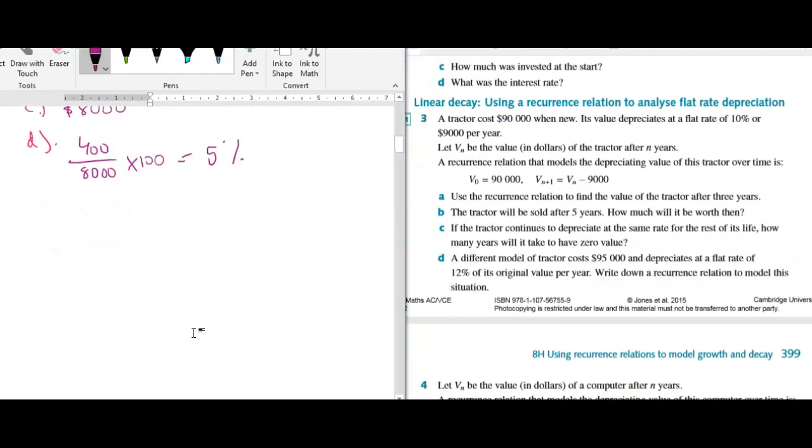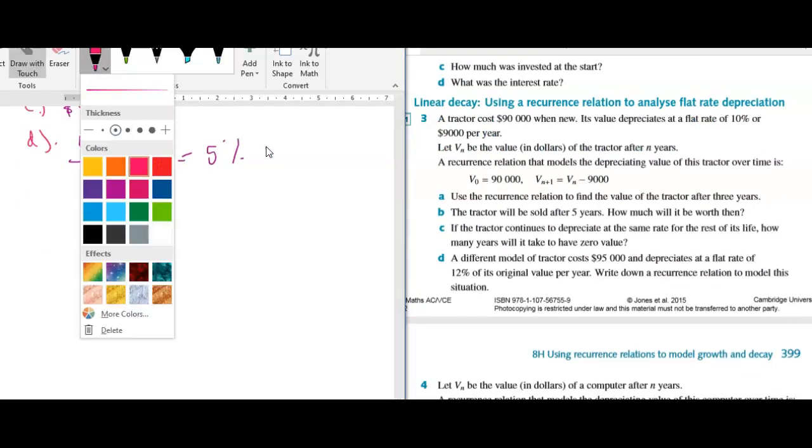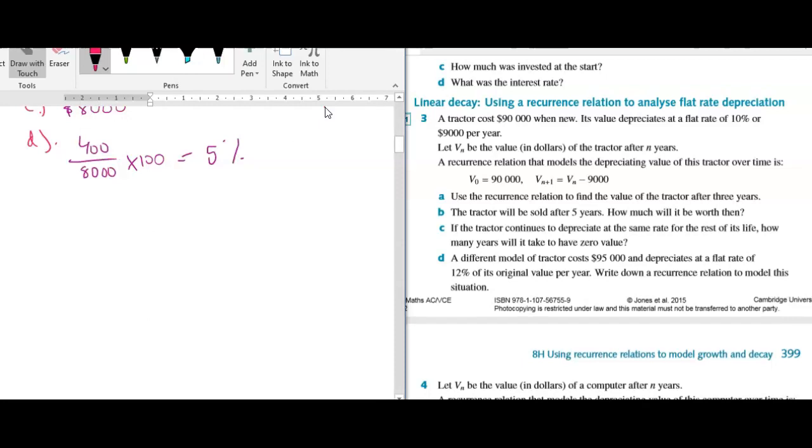All right, so moving on to question 3, we're looking at linear decay. A tractor costs $90,000, so V0 equals 90,000. Its value depreciates at a flat rate of 10% or $9,000 per year.